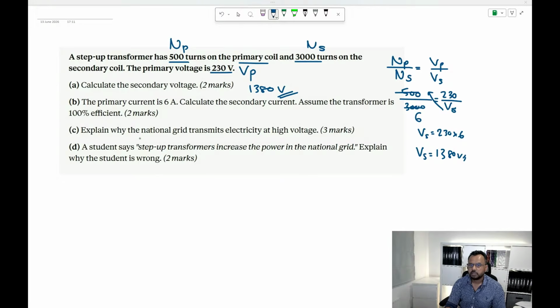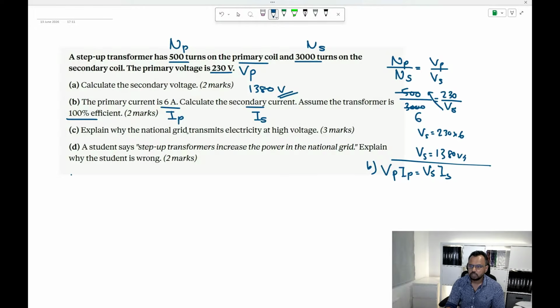Good. The primary current is 6 amps. Calculate the secondary current. Assume it is 100% efficient. Now, guys, in a 100% efficient transformer, the power input, remember P equals IV, so V primary I primary is the same as V secondary I secondary.